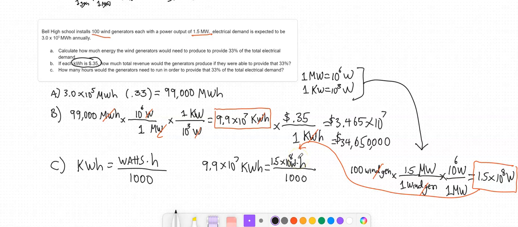Now, solving for hours, I've got to multiply both sides times 1,000 times my kilowatt hours, and then I'm going to divide that by 1.5 times 10 to the 8th.